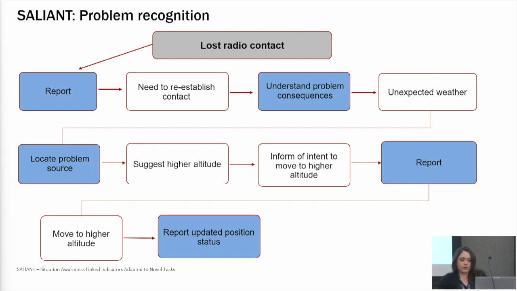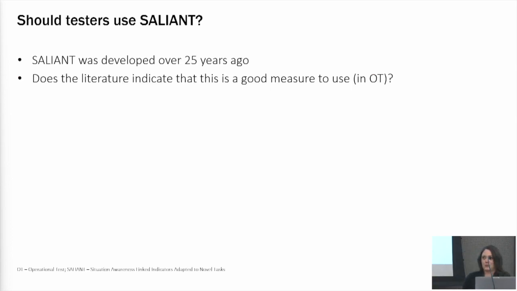So knowing how this works, the question then is, should we use it? There are a number of methods that have been developed and, as I mentioned, tested, empirically validated, gone through meta-analysis. SALIANT is not one of those. It was developed around 25 years ago, however long ago 1998 was.